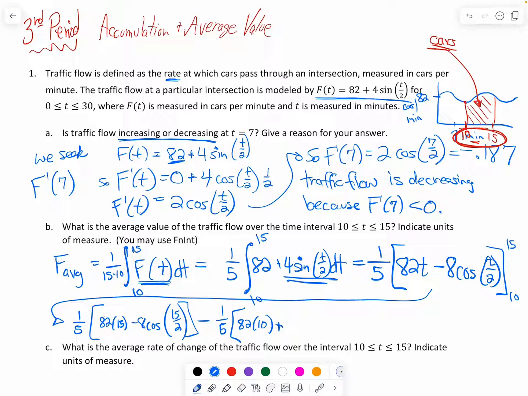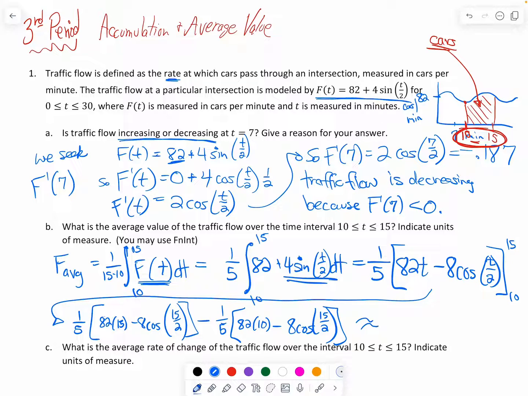Maybe that should be a minus. Plus 8 cosine 15 over 2. I need to double check my notes. I have a plus there. Can't remember. Oh, maybe I've distributed this. I believe that is still a minus. Just in my notes I haven't.